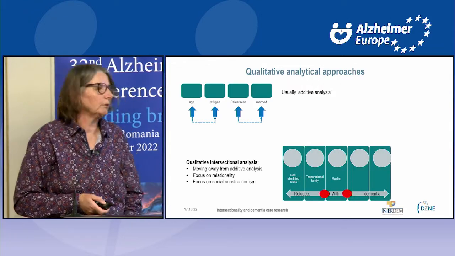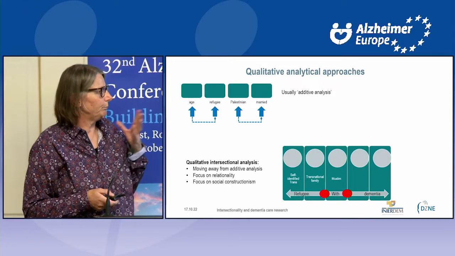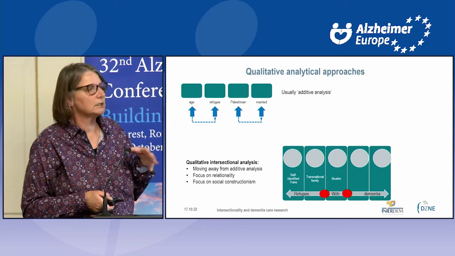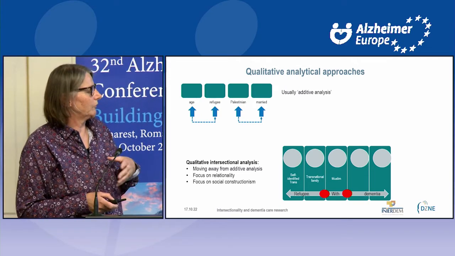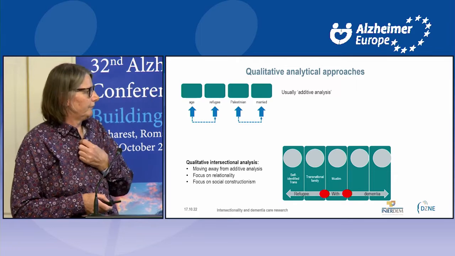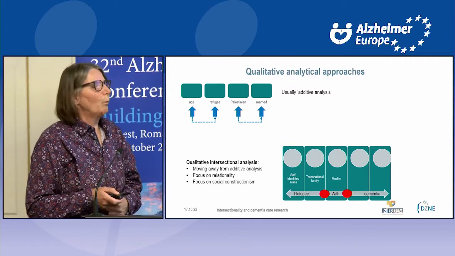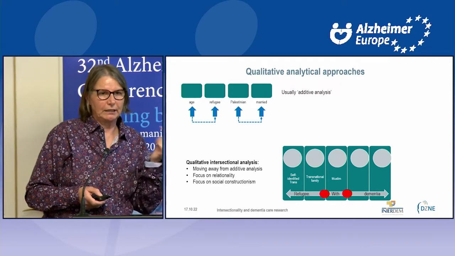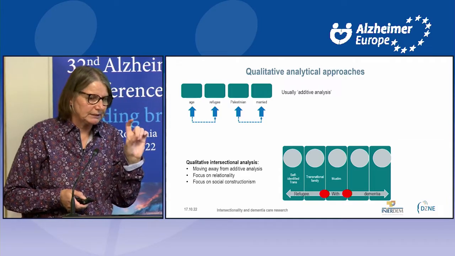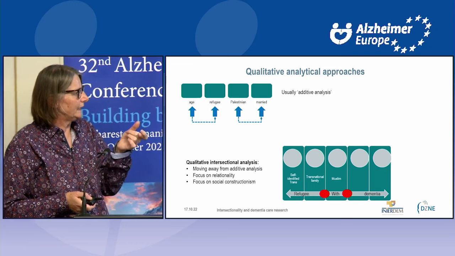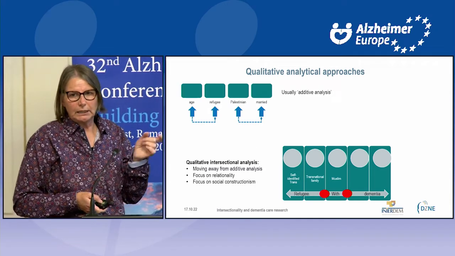So what we are trying to do is be careful when we read these articles not to go into that trap of additive analysis. We have to focus on the relation, like I was explaining. How do these topics that were addressed interrelate, and how do they influence each other?